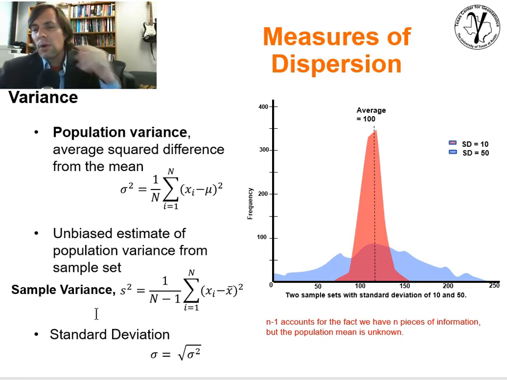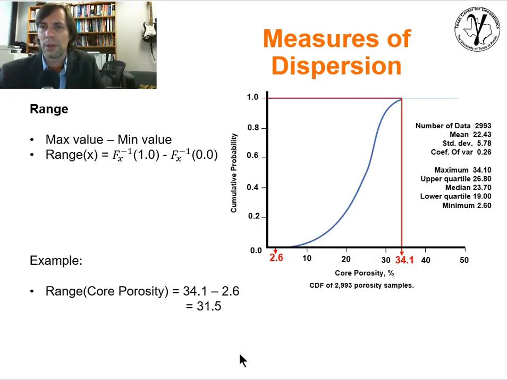But if you take the square root of variance, you get the standard deviation. It has the added benefit of being in the units of the actual data values, so it's a little more intuitive, so we often use standard deviation. When we get into hypothesis testing and so forth, we'll use it a lot to understand sampling, uncertainty distributions, and so forth.